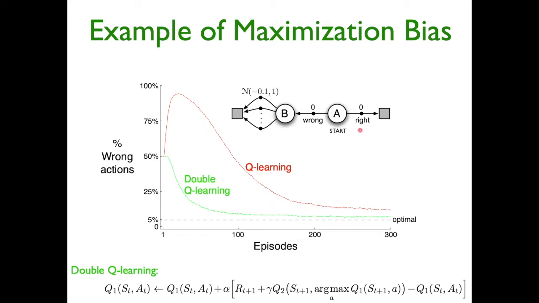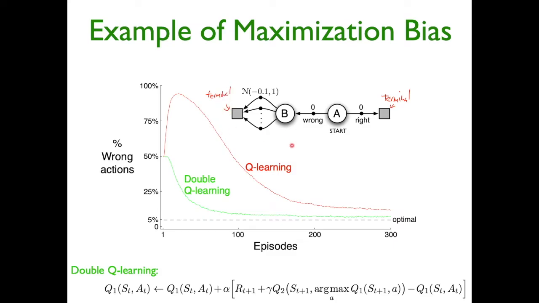This problem of maximization bias is another problem that Q-learning and some TD methods can fall into. To understand this problem, consider this MDP, where we start in state A, and we have two actions initially. We can go left or right. Right is the right action, left is the wrong action, and for those actions we get nothing. When we get to the one on the right, we stop.